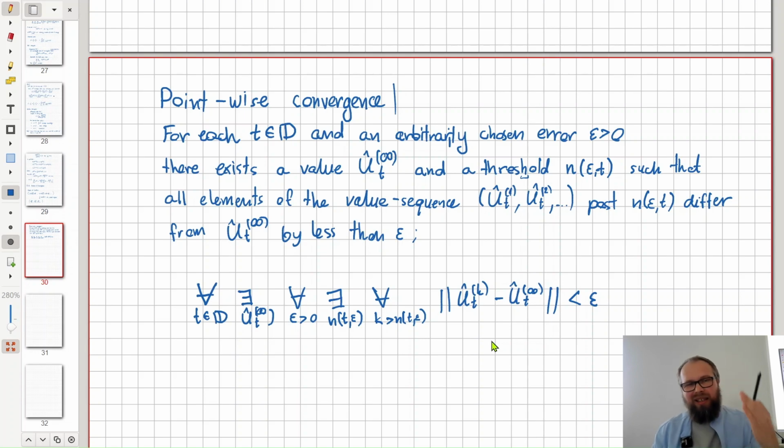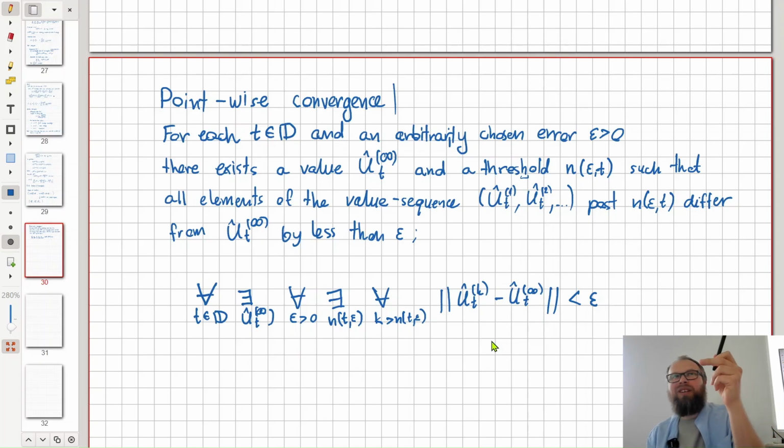And of course, the order here is important, right? Because we say first we pick a value, the argument. Then there is the convergence, the limit value, which is dependent on t.